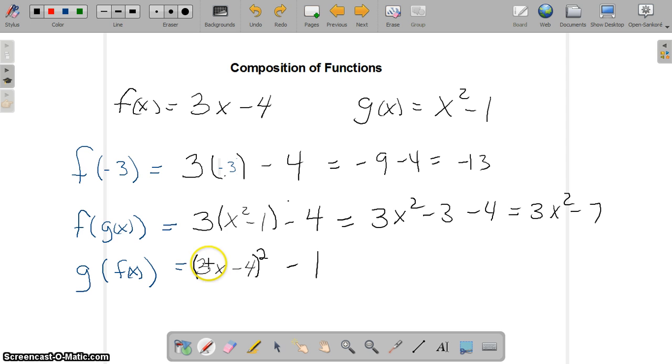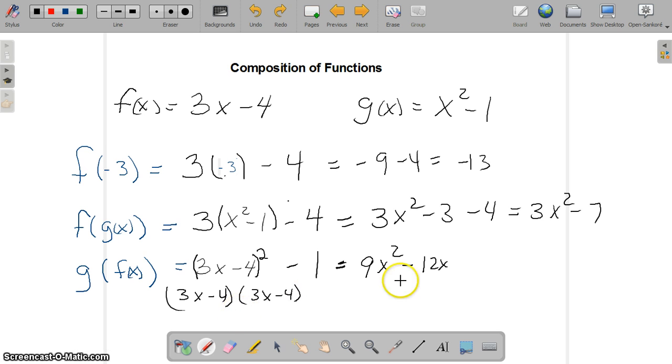Now we have to square this and then subtract off 1. So we're foiling this out. We can write it over here to the side if it helps you. We use our distributive property: first is 9x squared, and our inners, or outers, doesn't matter, negative 12x.